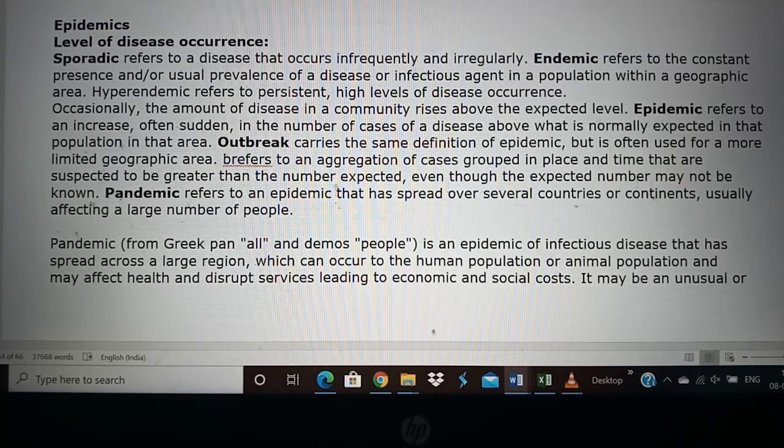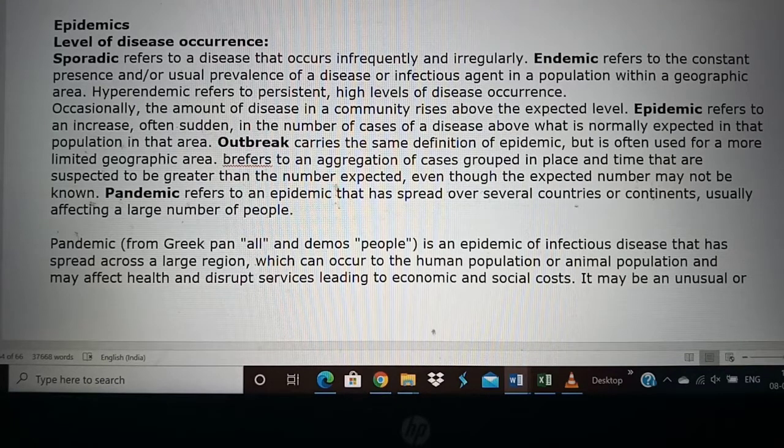See, 100 can become 150 or 200. That is acceptable. We can say this particular year it became more number of cases. But when it increases 5 times or 10 times, like from 100 it has become 500 or 1,000 cases of malaria, then we say it is epidemic. That means there is a sudden increase in the number of cases, much more than what is usually expected. So we say it becomes an epidemic.